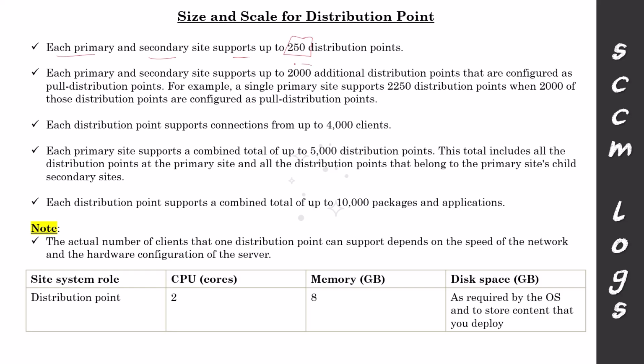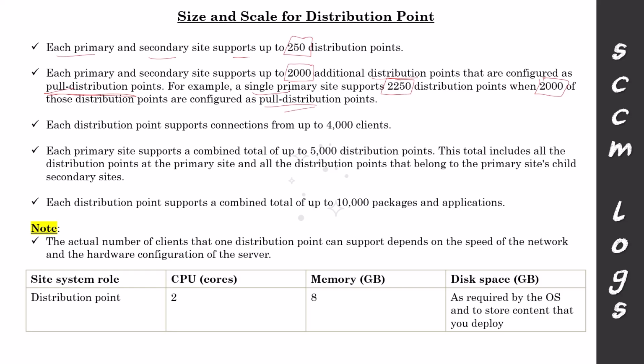Additionally, we can configure 2000 distribution points as pull DPs. For example, a single primary site can support 2250 distribution points when 2000 DPs are configured as pull DPs.